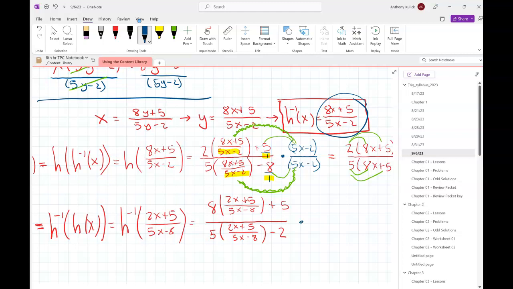Now I'm going to multiply the top and bottom by... What do you think? 5x minus 8. That's good. That's what I would use. So again, that's got to distribute.